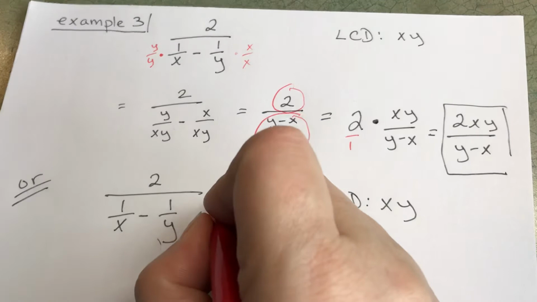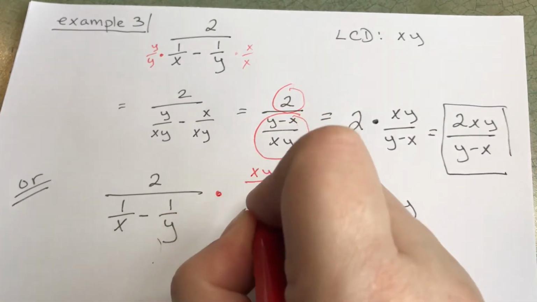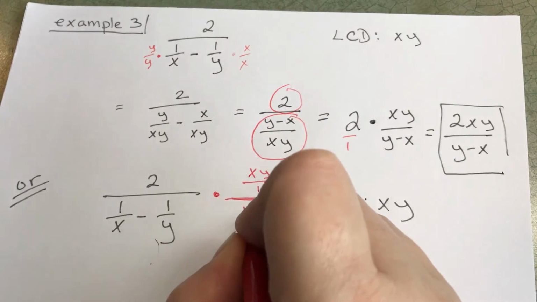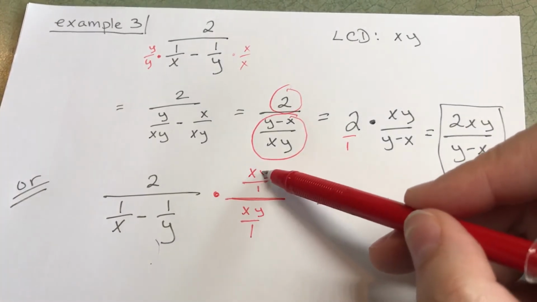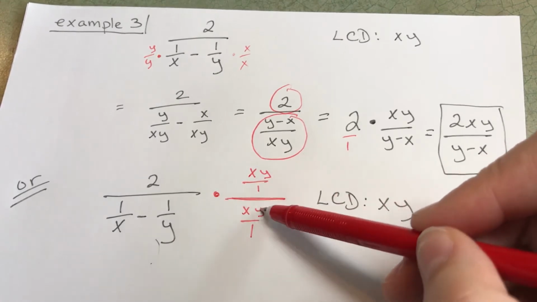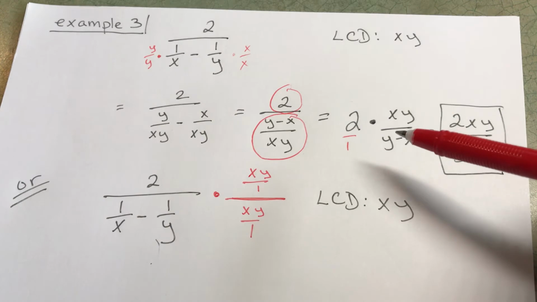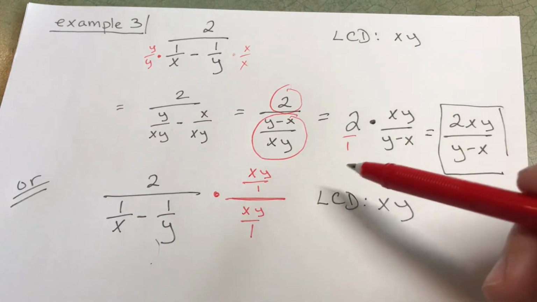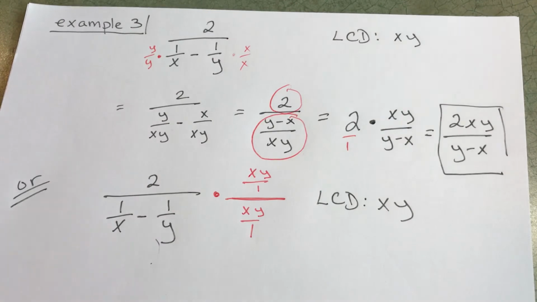So I'm going to multiply by xy over 1. I'm writing this as xy in the numerator of a small fraction within the fraction, just so you can see how this works a little clearer.